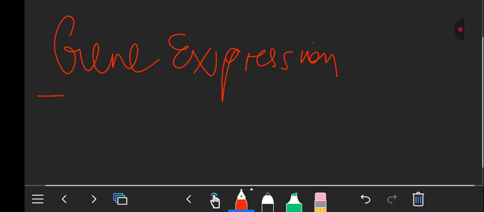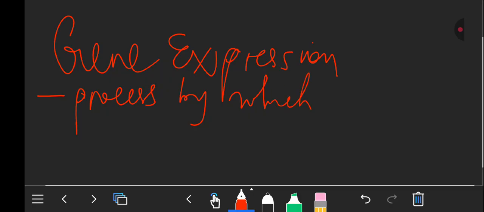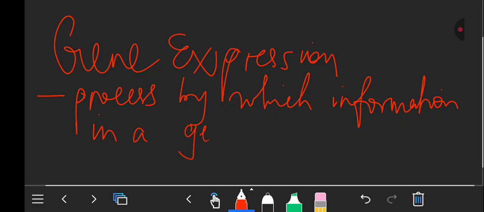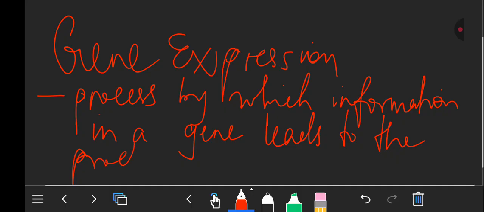We are saying: process by which information in a gene leads to the production of proteins.